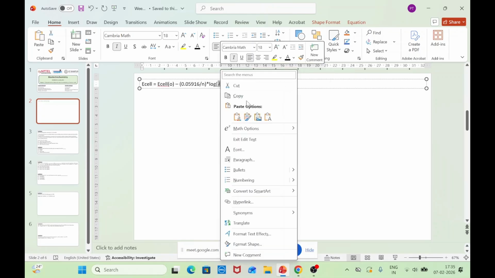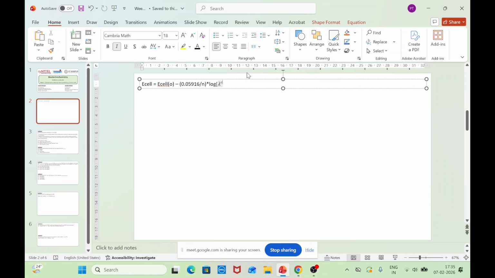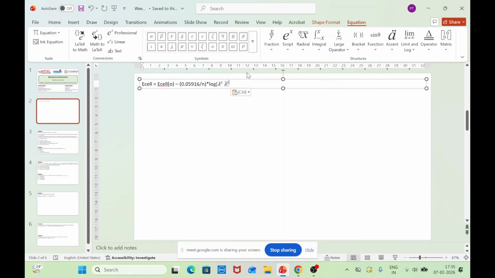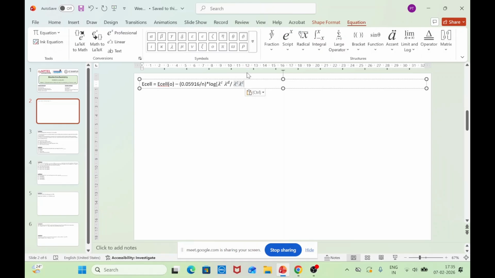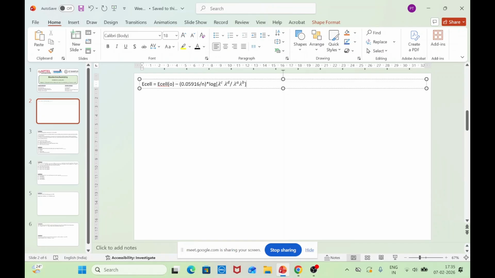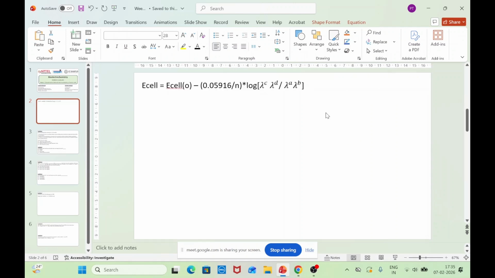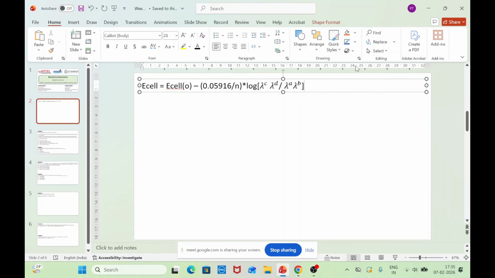So let me just first write the equations. So this is going to be your Nernst equation of a cell.